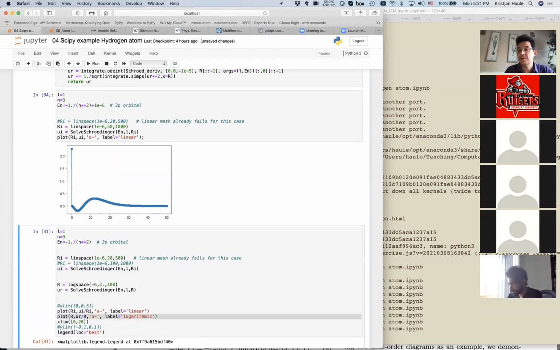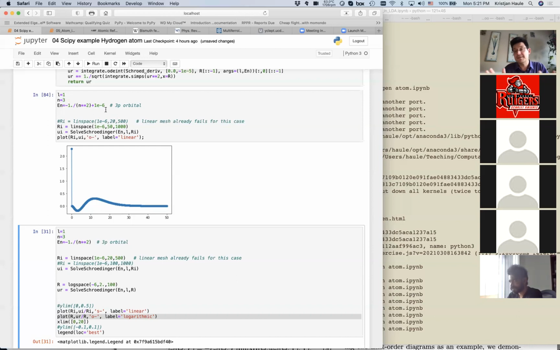This means there is an energy very close to the exact energy which will satisfy the boundary condition. So I'm not going to get the bound state energies with more than 6 digits, but I will get a function which is correct.